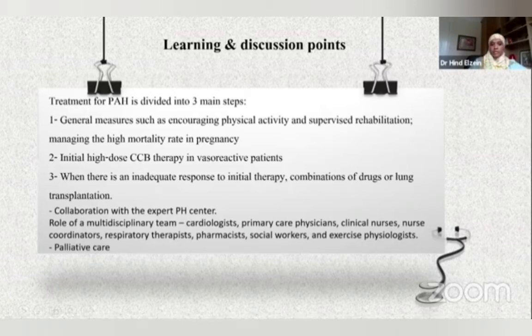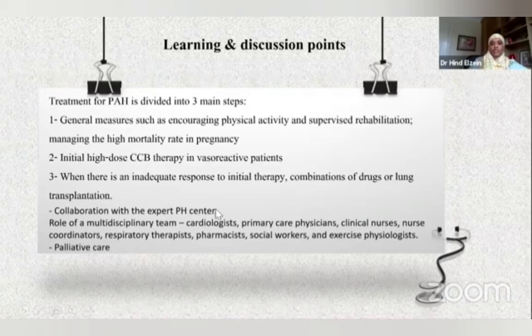The general measures, such as encouraging physical activity, rehabilitation, managing the pregnant lady with pulmonary hypertension; the medications, including initially the high dose of calcium channel blockers and other specific medication, whether as monotherapy or in combination; also consideration of lung transplantation.